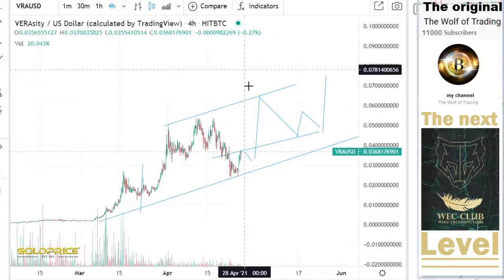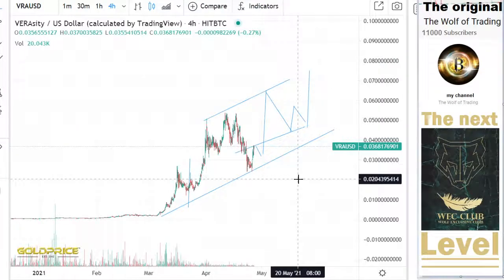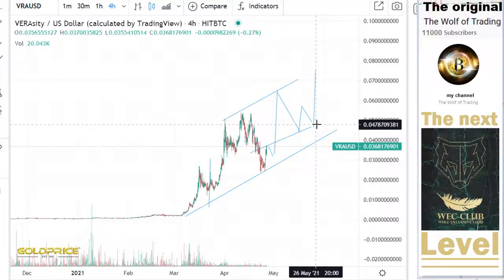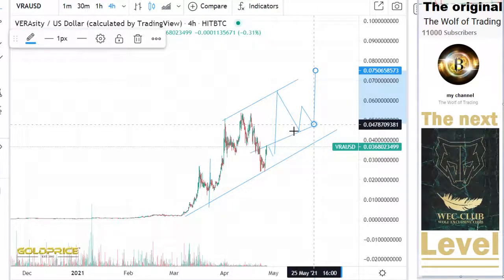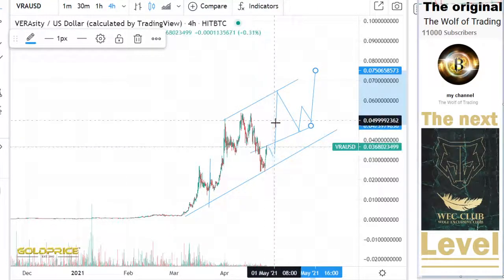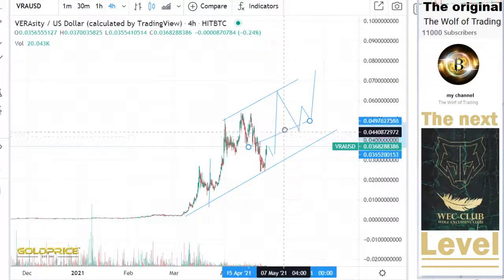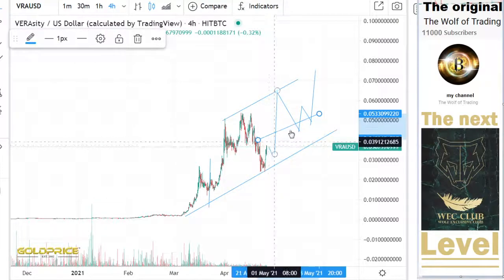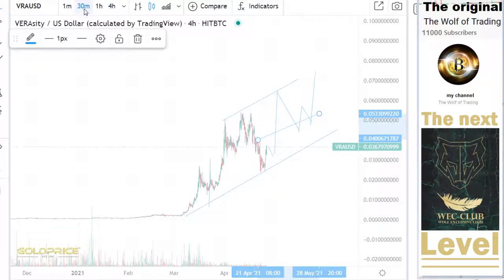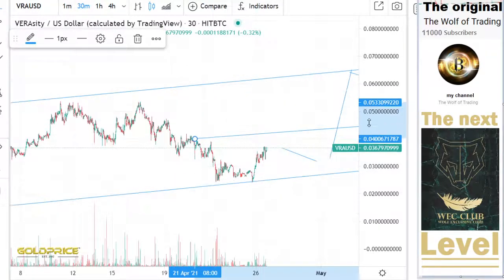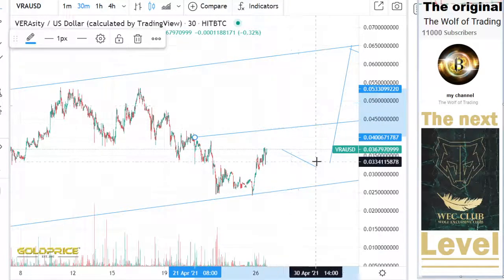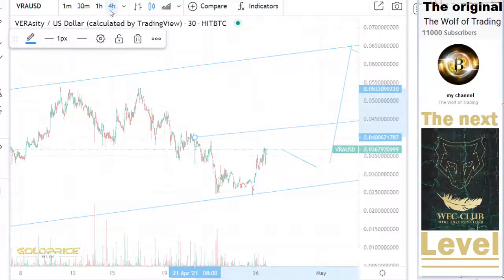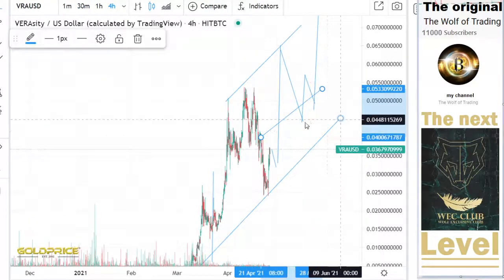I hope you can understand this. This decides how much we will fall to the downside. If we go here more to the top side, then this will also go to the top side. So please check this here. If we go something like that, then we have a good possibility that we will not see such a fall to the downside.